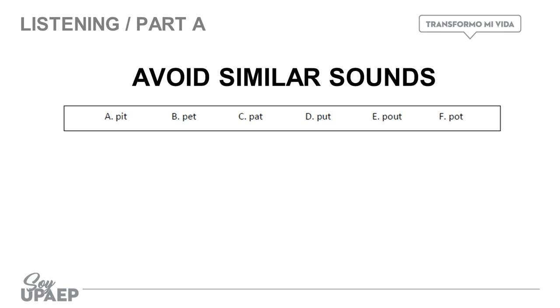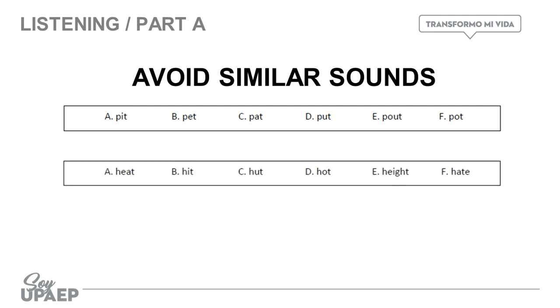We have a set of words, and if you notice, letter A is pit, letter B, pet, letter C, pat, letter D, put, letter E, pout, letter F, pot. They sound similar. Here we have another set of words. Hit, hot, height, hate.